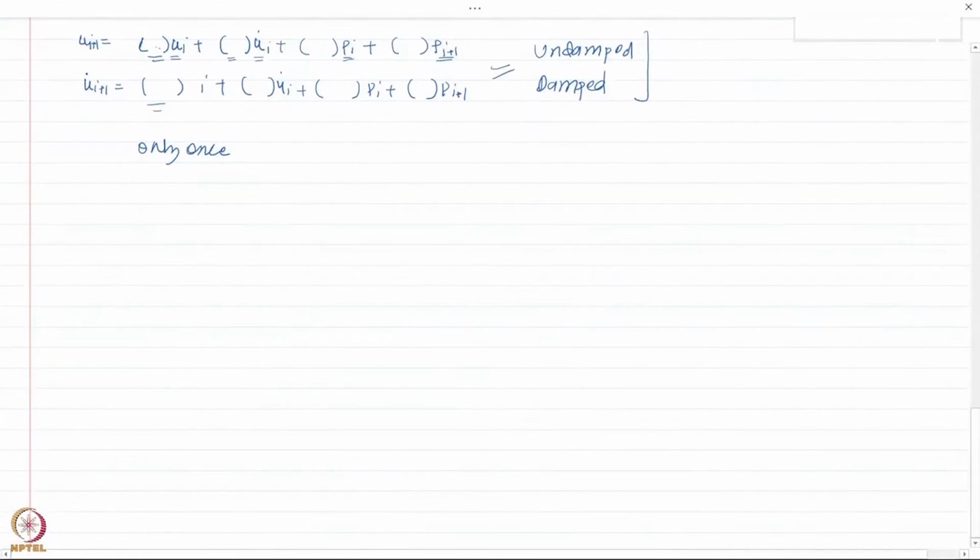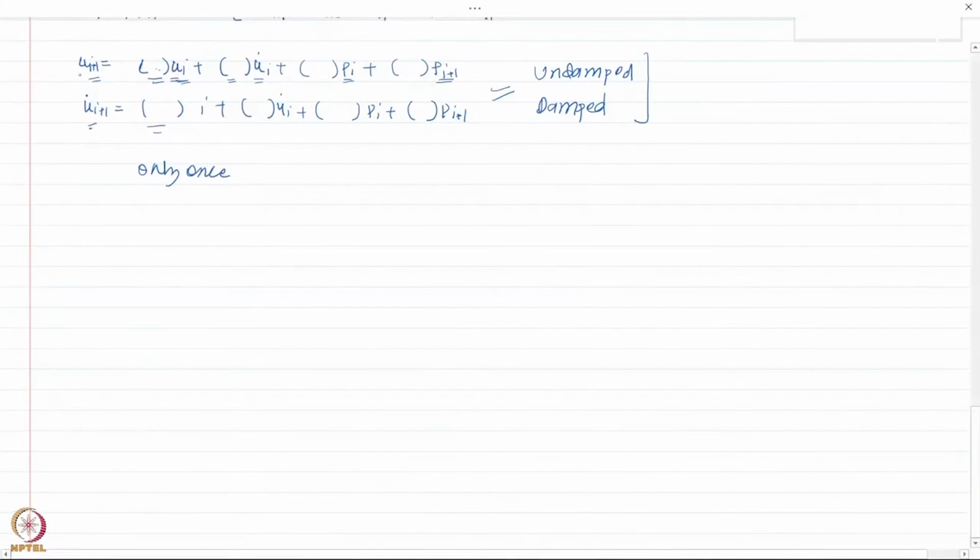Once that is known, I can utilize these expressions to go from step i to i plus 1, without repeating that calculation. Now that we have obtained displacement and velocity, for acceleration we can either differentiate and obtain it, or consider the equation of motion, and get the acceleration at step i plus 1 once the displacement and velocity are known to us.